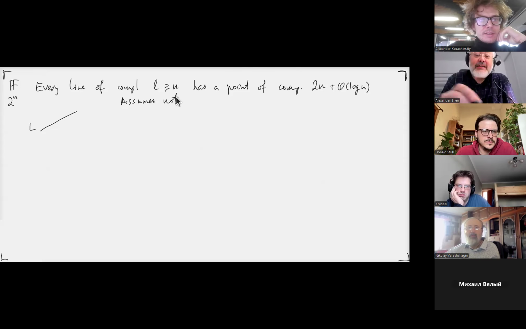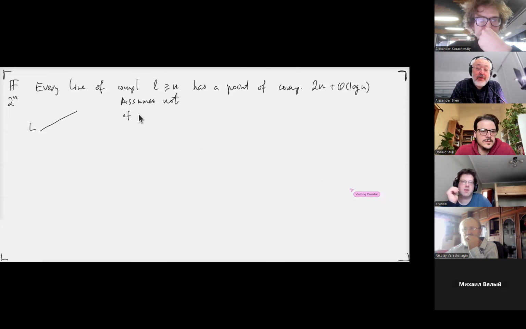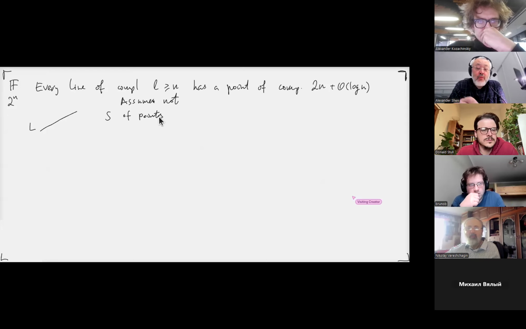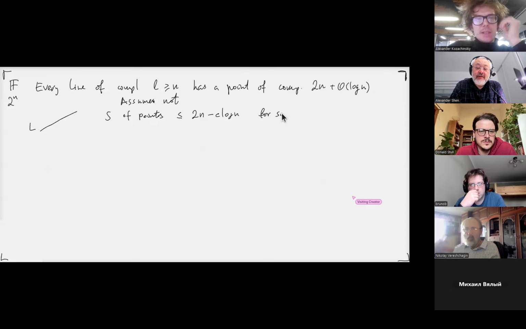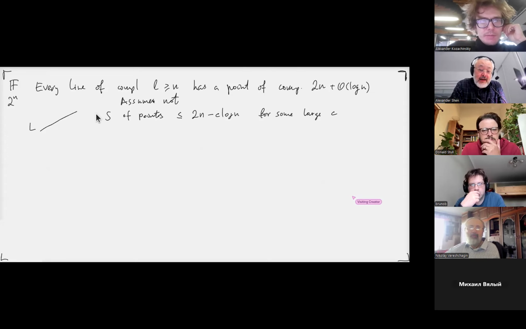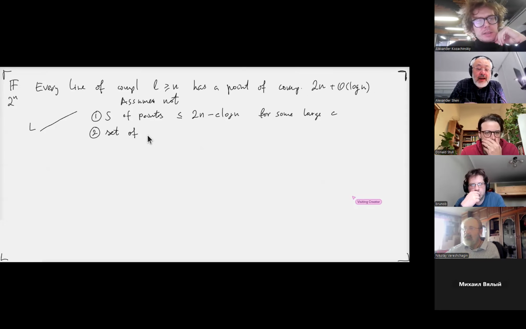Then consider the set S of all points which have complexity smaller than 2n minus c log n for large c. And consider the set of all lines that are subsets of S.